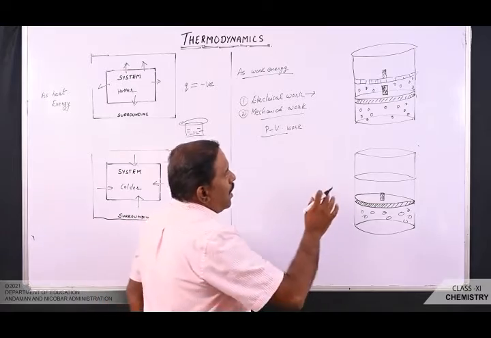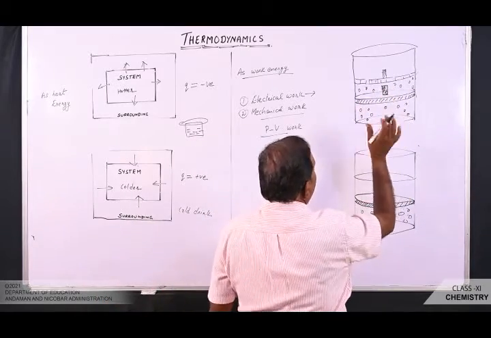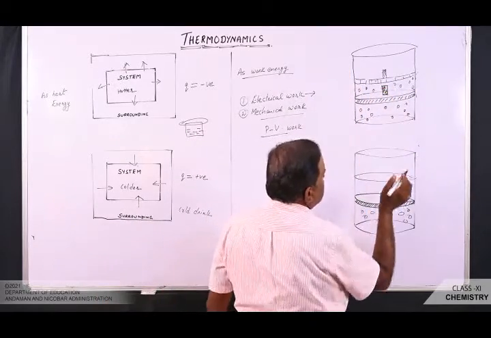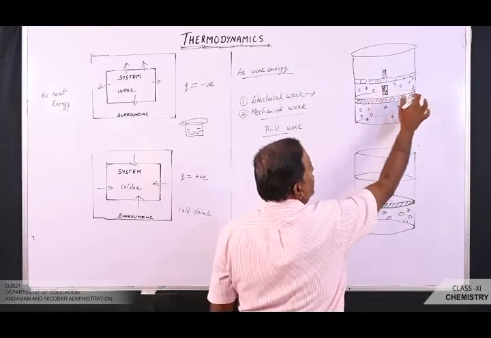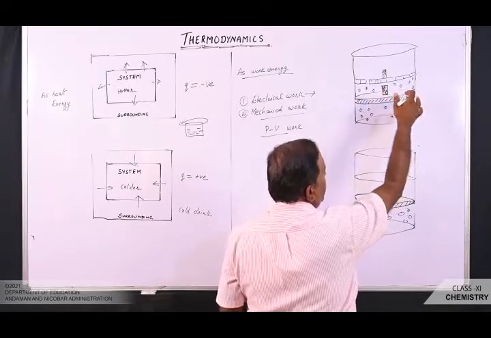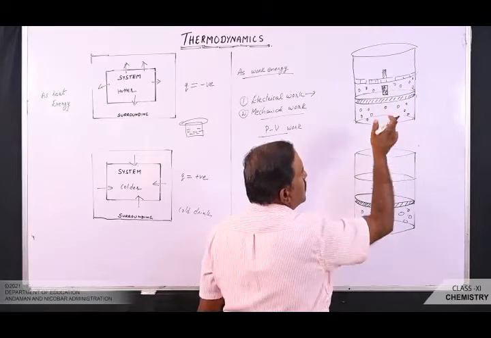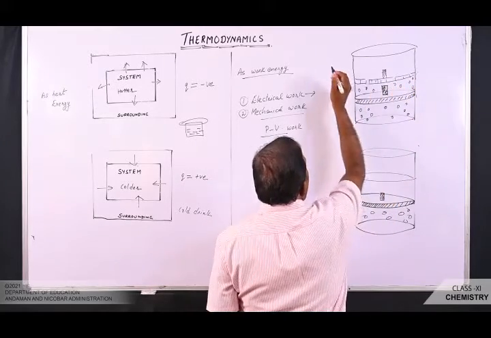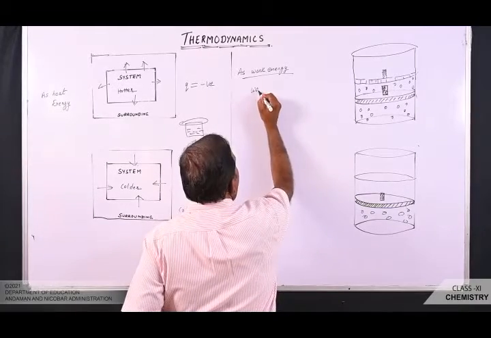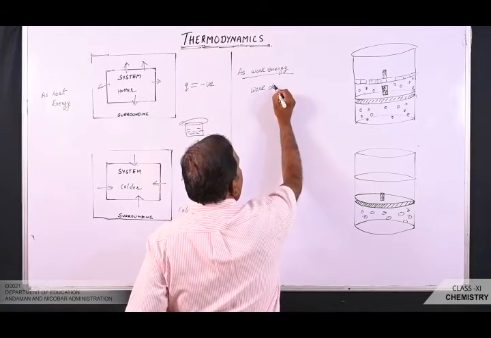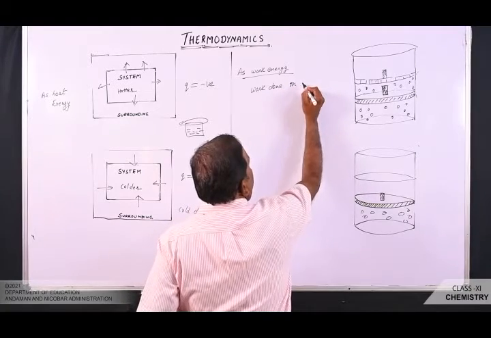Now this is a cylinder, and this cylinder is filled with gas. Here is a frictionless piston, that is, a weightless piston, so it can move on its own. So I can write work done on expansion.